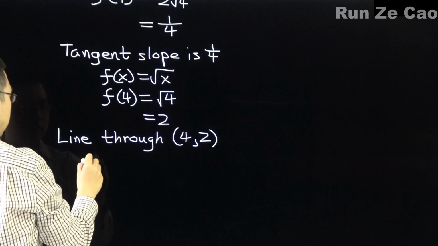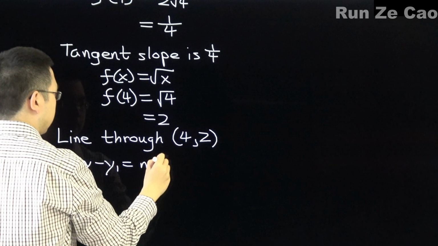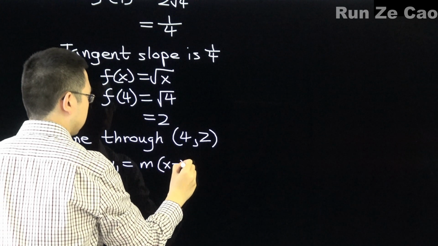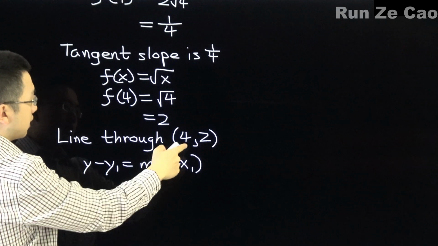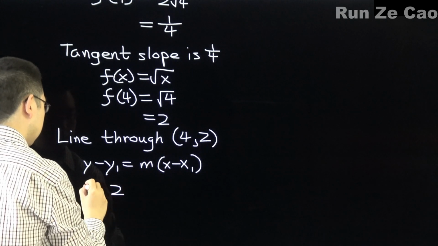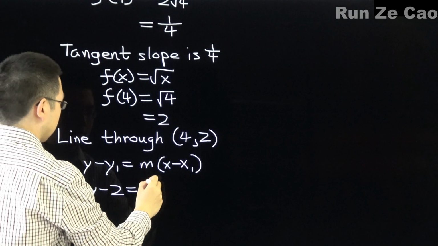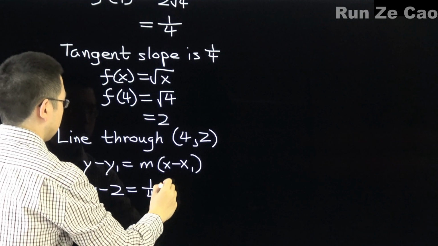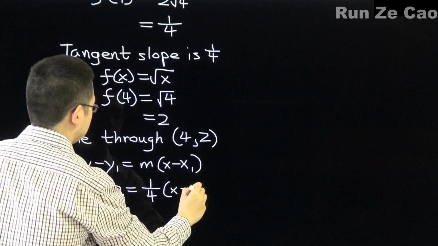And we'd have y minus y1 equals m times x minus x1. So y1 is 2. And this is equal to m, slope is 1/4, times x minus 4.